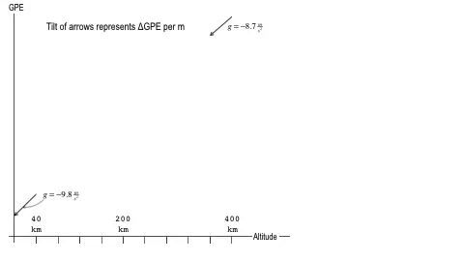So the tilt of the arrows, I did it really carefully. It represents the change in the GPE per meter. Now, that has a physical meaning, but for right now, I just want to explain the tilt of these two arrows. All right, and this is kind of a rough diagram of what the gravitational field is doing. So up here, you have a relatively slow roll.